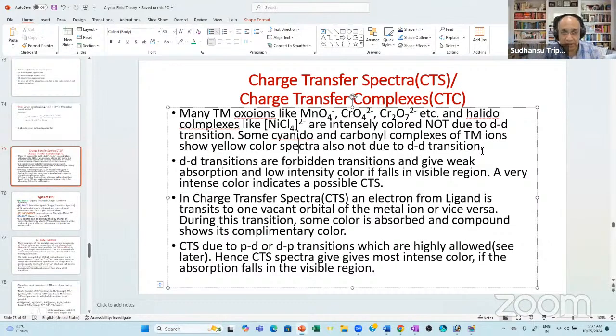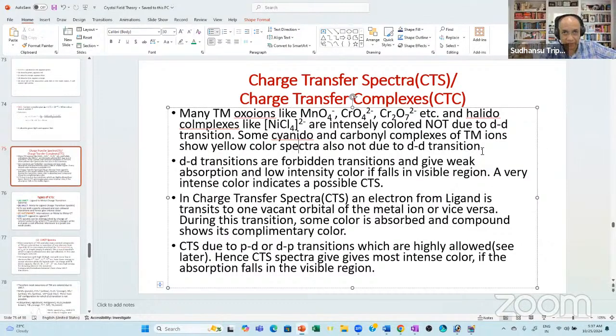Well, we call it sigma orbital because it is a hybrid orbital. Of course, it is a lone pair orbital. We call it a sigma orbital. So, one electron from there, p, goes to d, either t2g or eg, whichever is vacant.